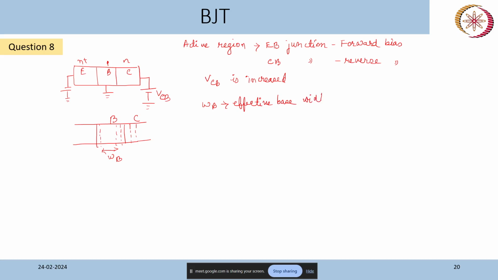Any recombination of the carriers injected from the emitter side will happen in the WB region, that is the effective base width region. So with increased VCB, WB decreases, so the effective base width decreases, similar to the reverse biased PN junction, right? And what will happen to the common emitter current gain?